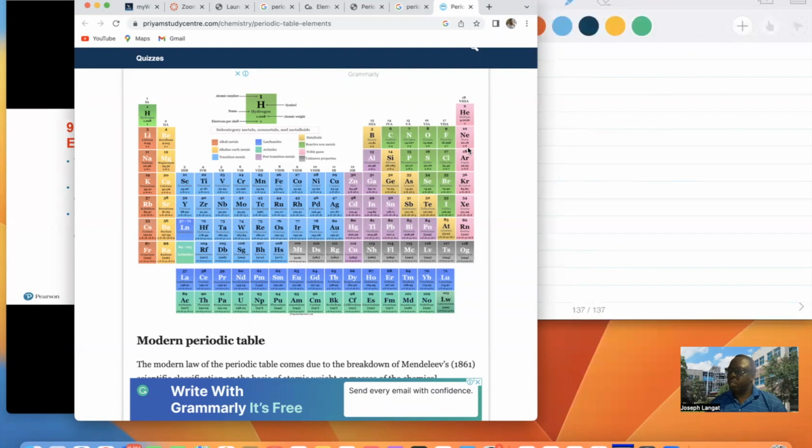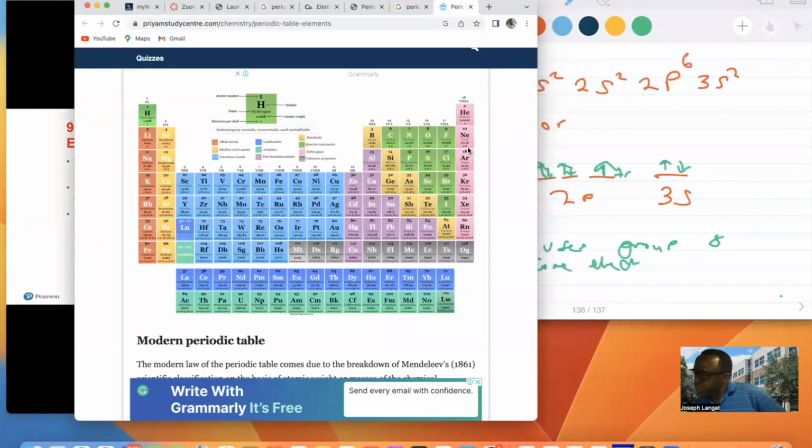This indicates the inner electrons. So this is going to be 10. Now, up to here, this is neon.